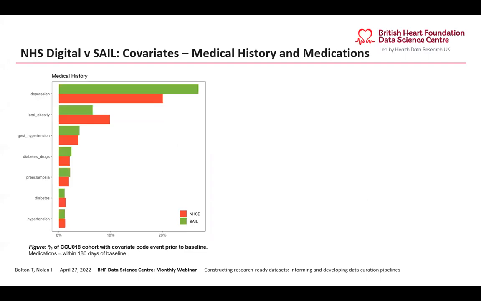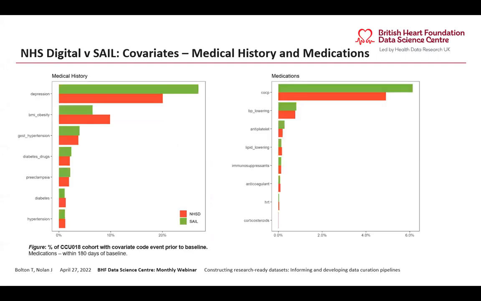For other medical history covariates and for current medications, we again see very similar patterns and proportions for each cohort on the whole. However, here there are some comparisons that do show up some differences, particularly in the case of depression, where the codes that we have are identifying 27% of the cohort in Wales compared to just 20% in England, which would warrant further investigation.